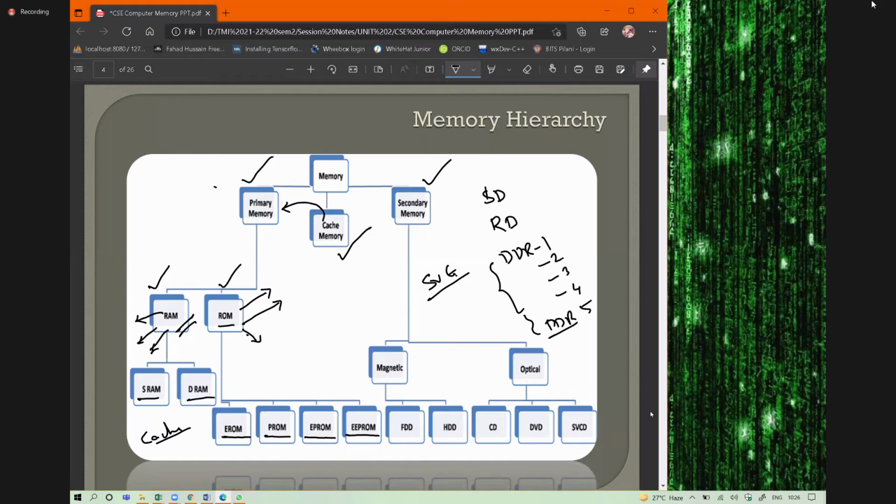One is your microprocessor. Second one is your RAM. And third one is your hard disk drive, whether it is a normal hard disk drive or a solid state drive. If it is a solid state drive, it will be 20 times faster as compared to the normal hard disk drive mechanism.